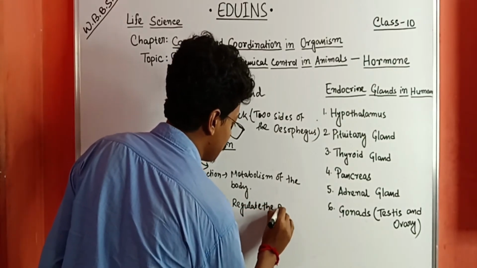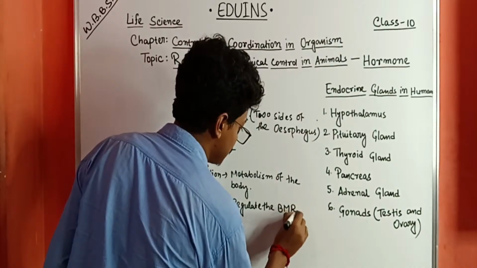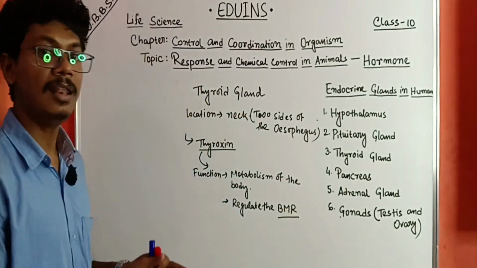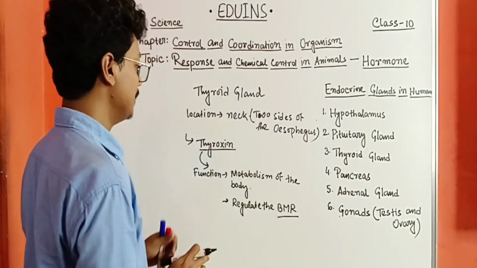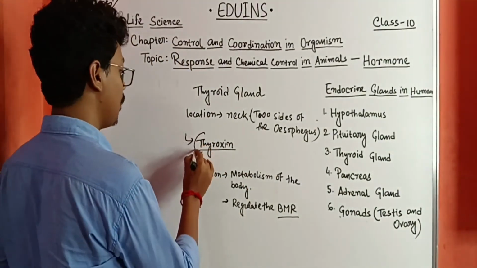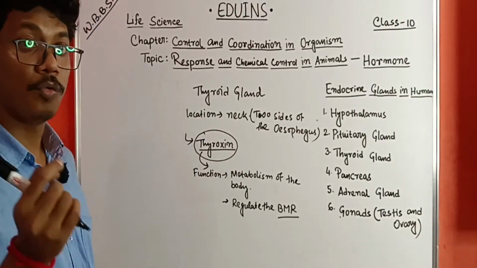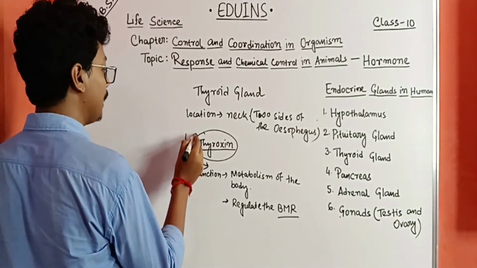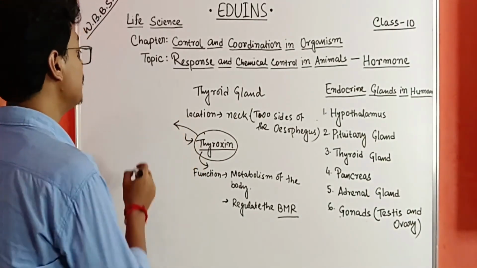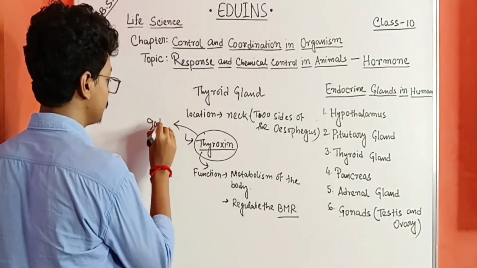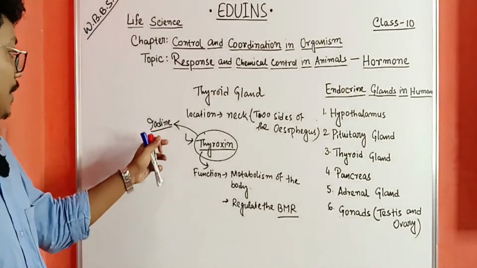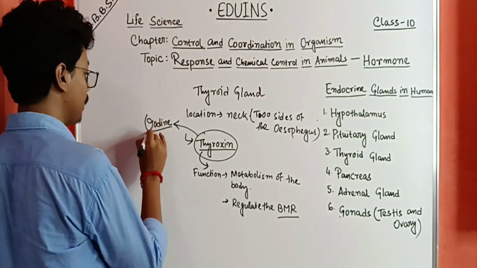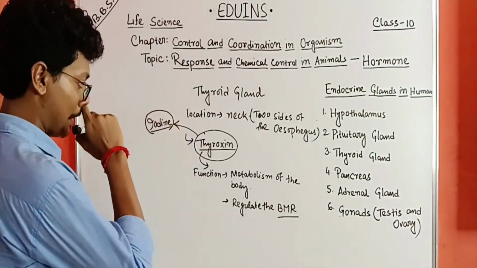What is the full form of BMR? Basal metabolic rate. The thyroid gland and its secretion of thyroxine is regulated by one essential component of our food, that is iodine. This iodine regulates the secretion of thyroxine.